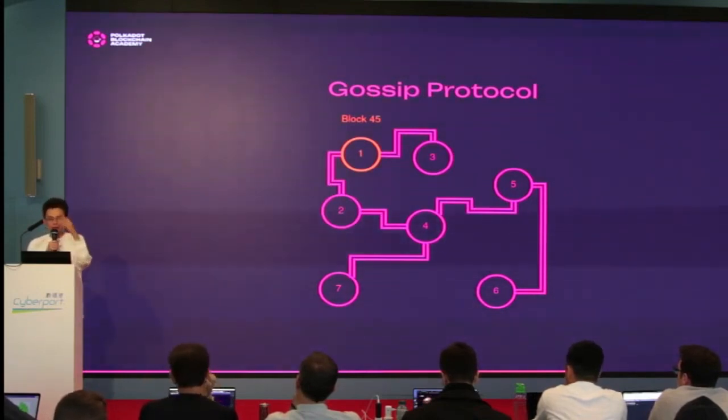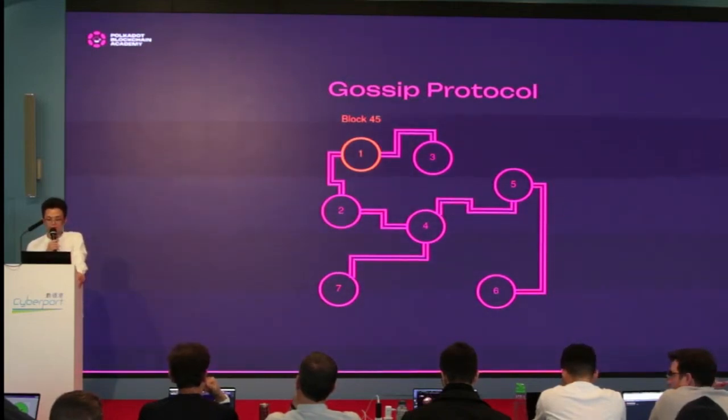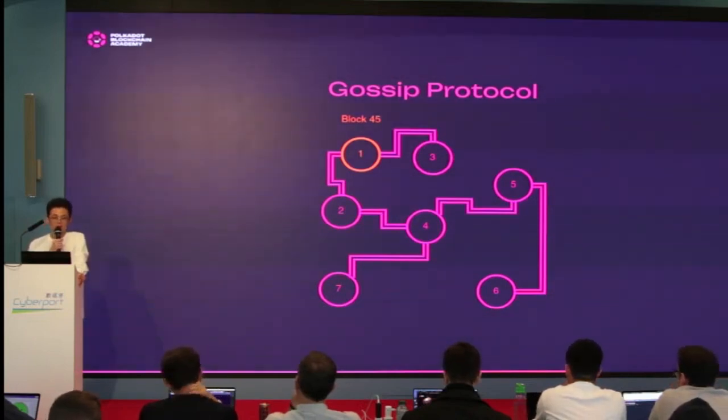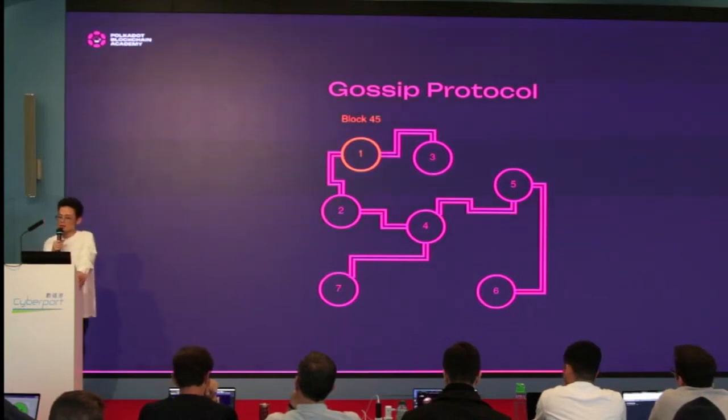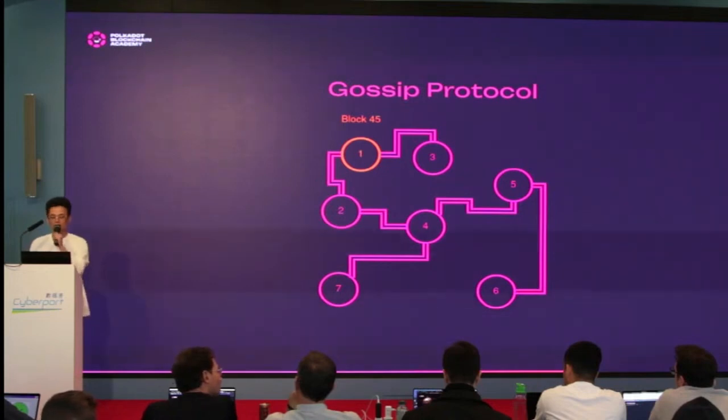So a smarter, more intelligent way will be the gossip protocol. It means at each time step, I will only send the block to one of my neighbors. For example, node 1 has found block 45. It has 2 connections, node 2 and node 3. At each time step, node 1 will send such a block to either 2 or 3. It will not send such a block to 2 and 3 at the same time, and the selection will be randomized.